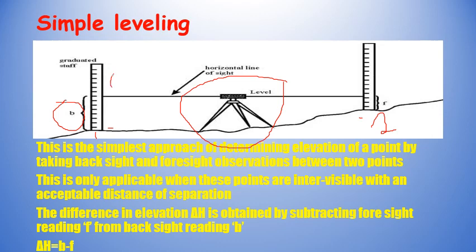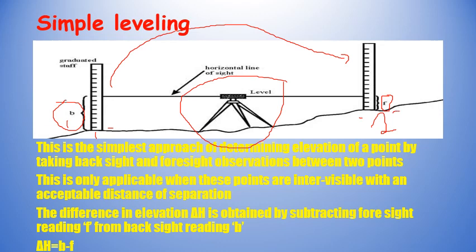Later, we shift this staff and take it to point 2, and then we tilt the level around, and we shall be able to focus on the same staff at the new position. What we shall obtain as our observation shall be recorded as F. Now, if we want to get the difference in elevation between point 1 and 2, we get the backside B, then we subtract F, which is the forward side.